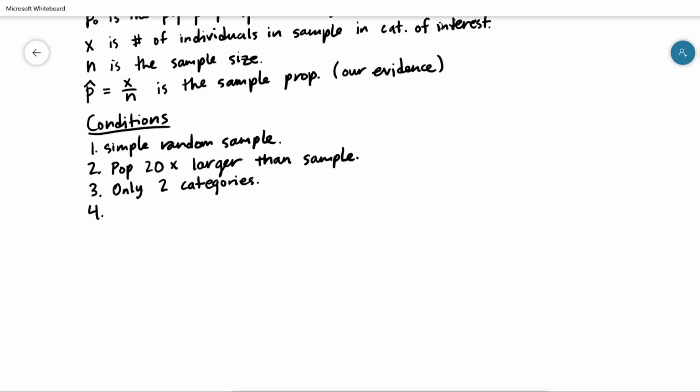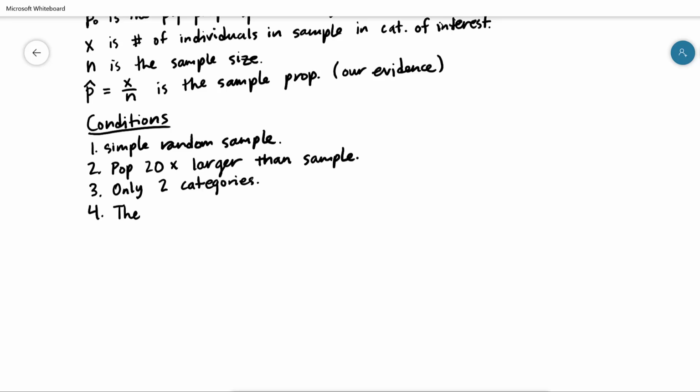And the last one, we needed at least 10 individuals in each category back when we were doing confidence intervals, and there was a little workaround in case that didn't happen, where we could modify the expression of the x over n term if that condition wasn't met. You may have seen that on the homework. In this case, we have something similar.